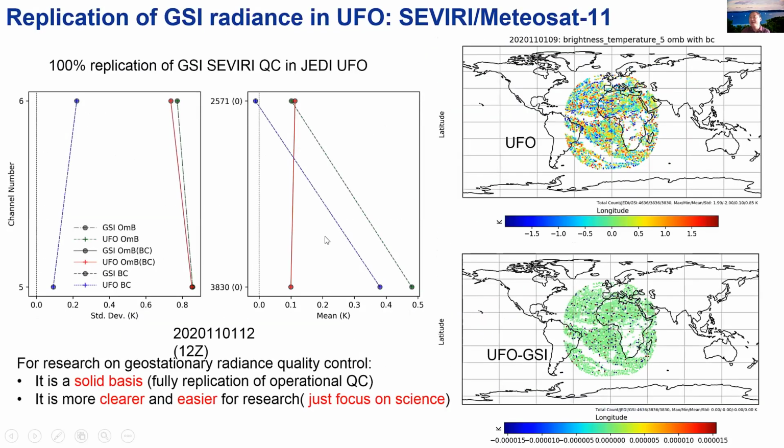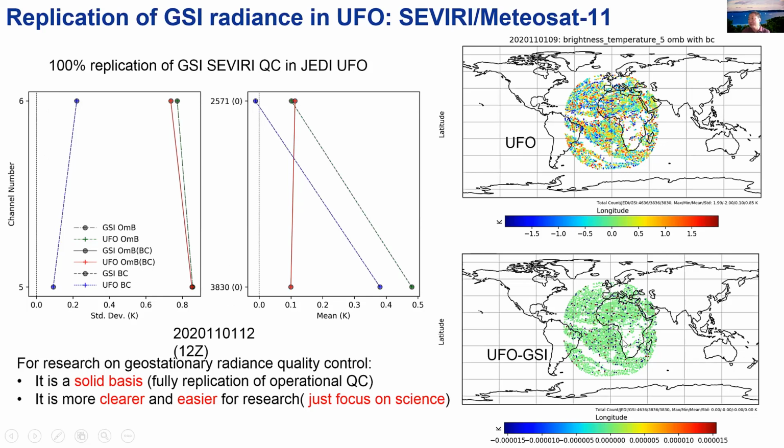And here is a result. Currently, we could replicate GSI for most of the sensors. Here is an example showing the severity for channel 5 and channel 6, which are two water vapor sounding channels. After QC, the observation numbers for these channels are exactly the same as GSI.